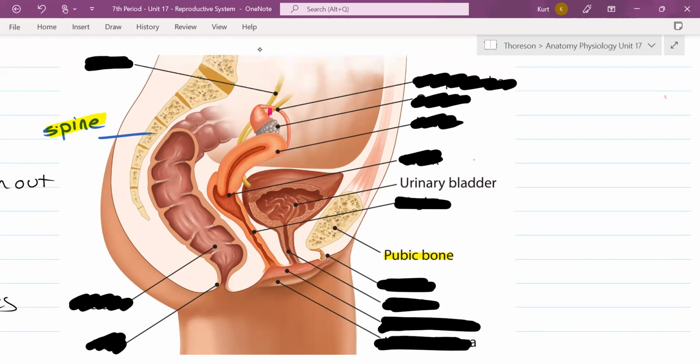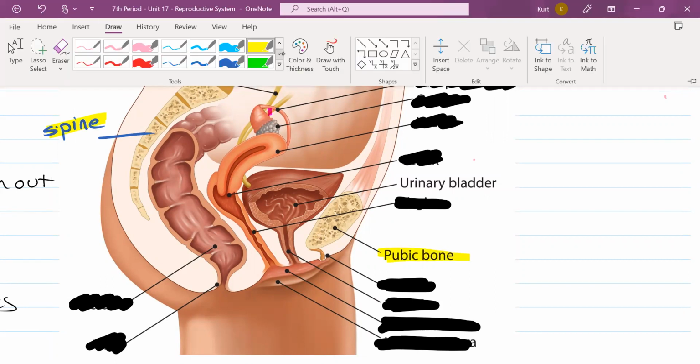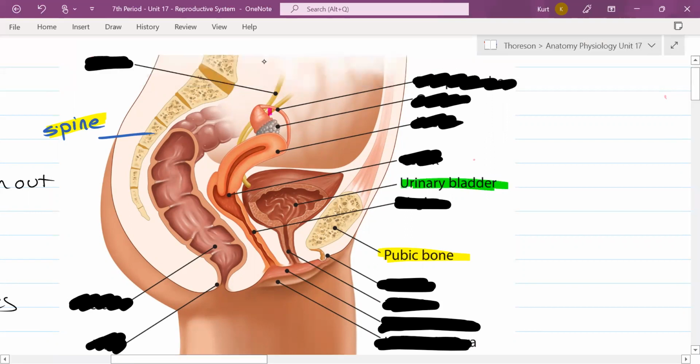I'll highlight the skeletal system in yellow. I'll tell you what, I'll highlight the urinary system in green. What else besides the bladder is part of the urinary system on this picture? Eva? The ureters, good. The ureters connect the kidneys to the bladder, and that's where urine flows.